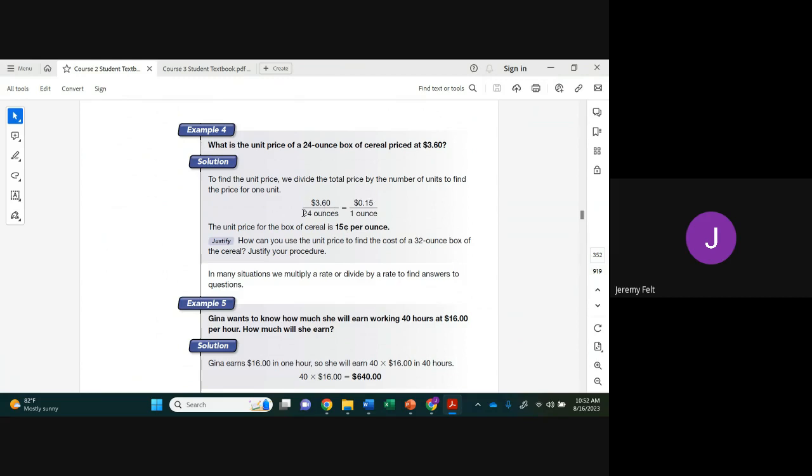And again, because 24 doesn't go into 3, but it goes into 36 once, with 12 left over, then it goes into our remaining 120 5 times. So we have 15 cents for every ounce. Okay, so it's 15 cents per ounce. So we can just do division in this case, like in the other examples, to figure out our price per ounce.